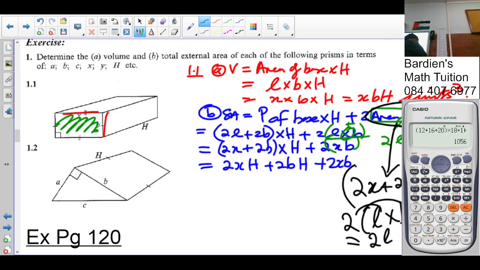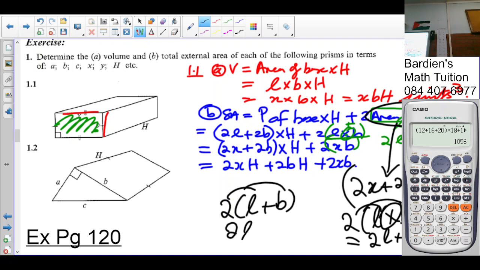Now how do you get 2L plus 2b if there's no multiplication there? I'm asking, how do you get the plus there? That is your mistake. Because if that was 2 into L plus b, that would have been 2L plus 2b. Did you see that? That's a plus there. So you were supposed to say like L times B and then LB and then times the 2 inside. Yes.